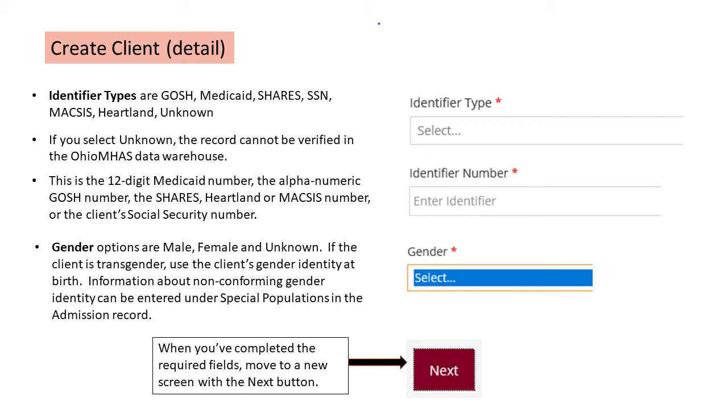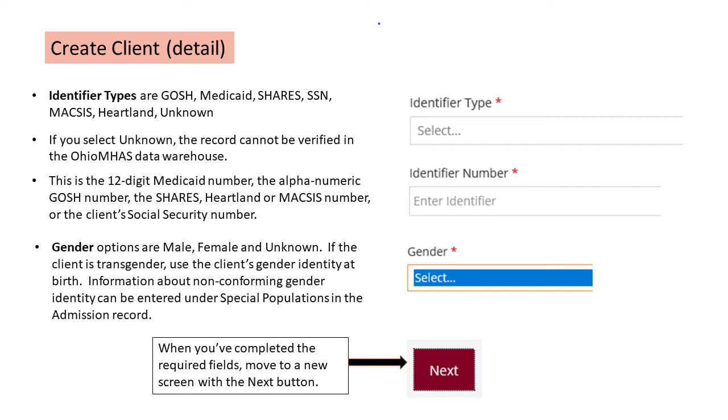The identifier number must be one of the following: 12-digit Medicaid number, not the managed care case number; an alphanumeric GOSH identifier; a Shares, Heartland, or MCSIS number; or a Social Security number. You will not be able to enter a number into this field if you selected unknown as your identifier type.